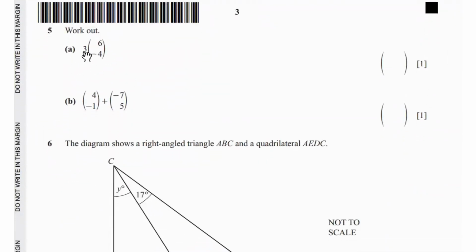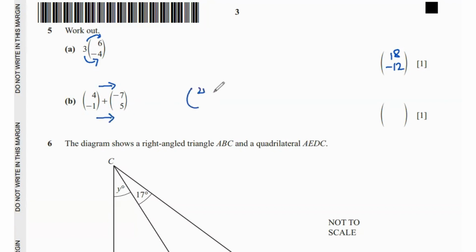Question 5 says 3 bracket 6, negative 4. So we are multiplying a scale factor with a vector. So 3 gets multiplied with 6 and with negative 4. So that's going to give us 18 and negative 12. Then we're adding the vectors. So the x value gets added to the x value and the y to the y value.